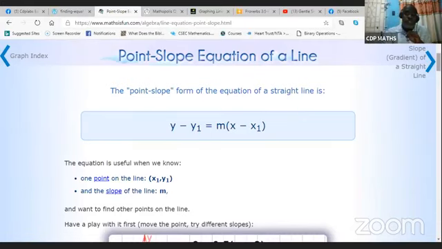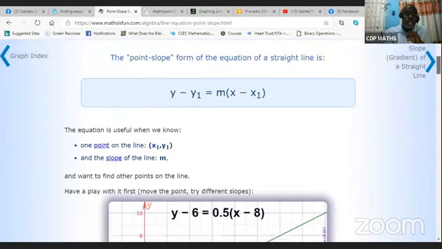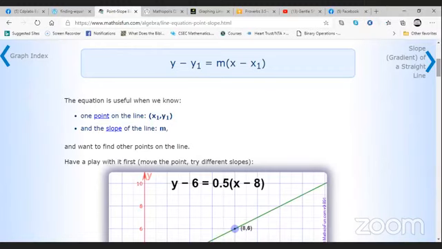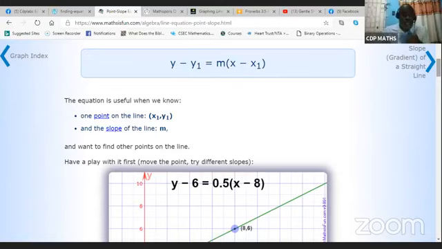Good? Now we want to find another point. So basically, you can use the point slope form to find another point on the line. I'm going to ask you to write this information down for your notebook, please.